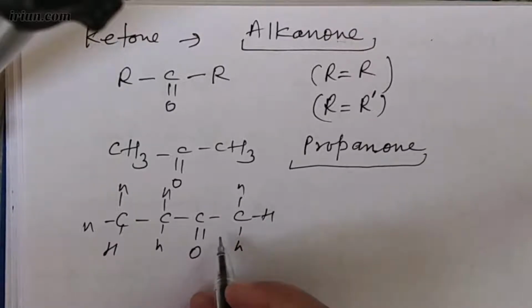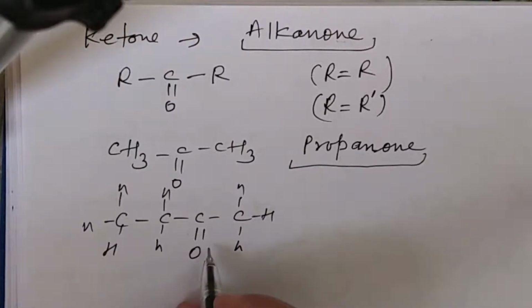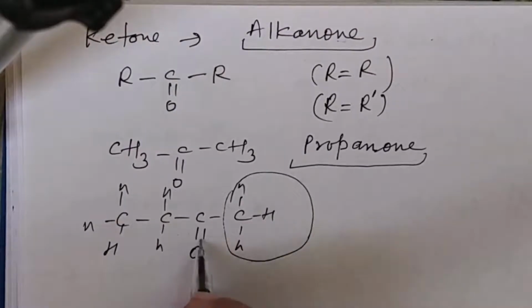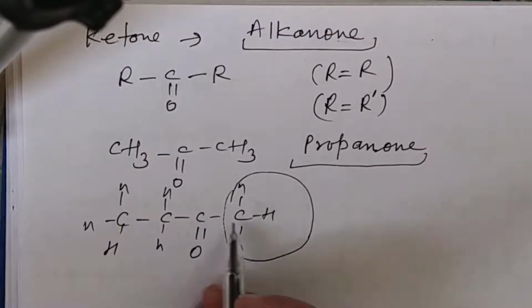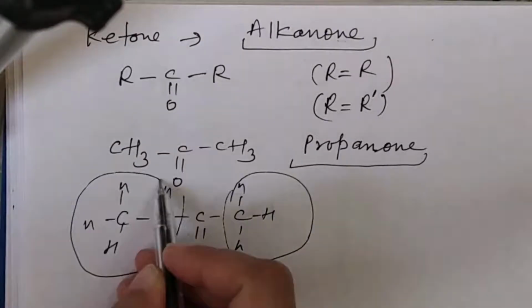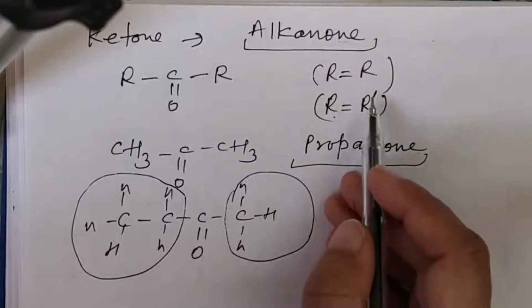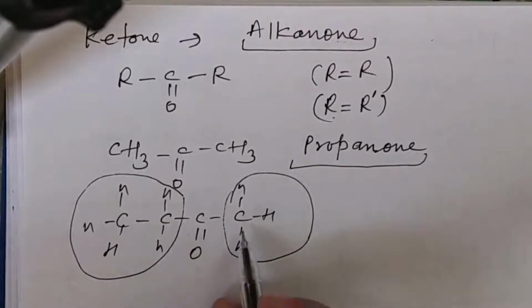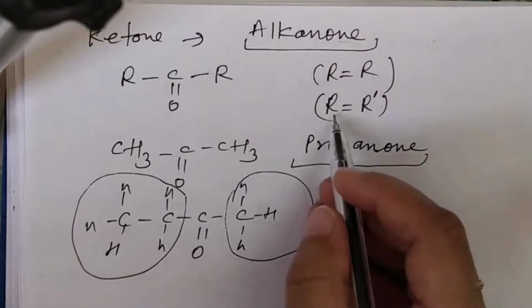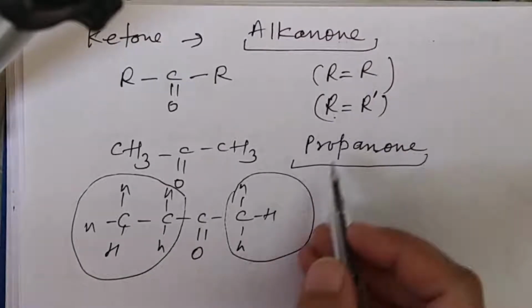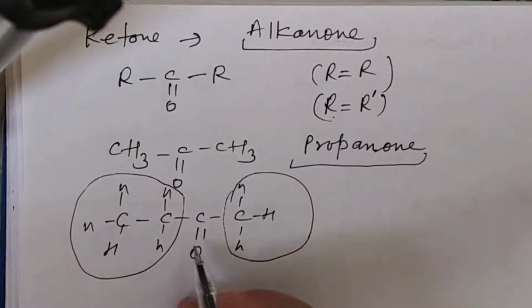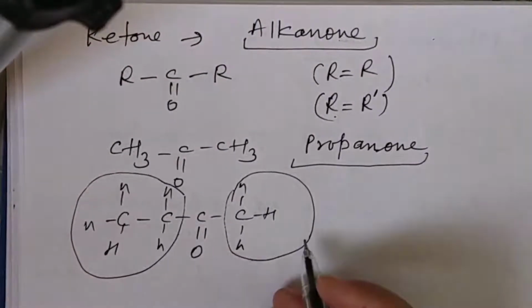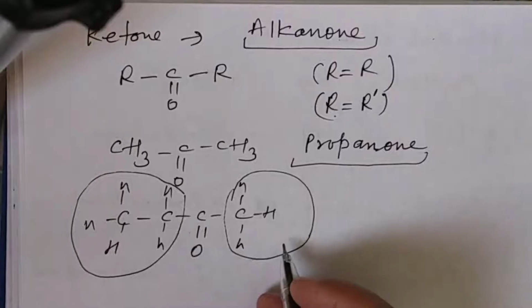Now what we are seeing, see, here there is a methyl group on one side of the keto group, and there is ethyl on the other, so R is not equal to R dash on C double bond O. In other cases R is equal to R dash. So here R might not be equal to R dash, or it can be equal.